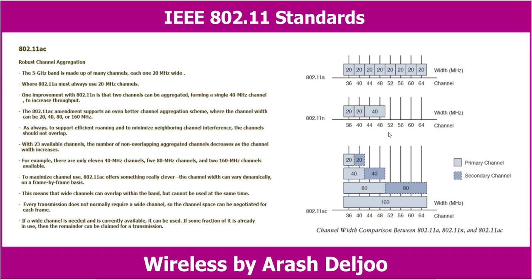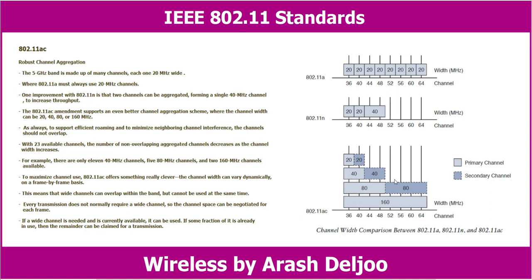One improvement with 802.11n is that 2 channels can be aggregated, forming a single 40 MHz channel to increase throughput. The 802.11ac amendment supports an even better channel aggregation scheme where the channel widths can be 20, 40, 80 or 160 MHz.